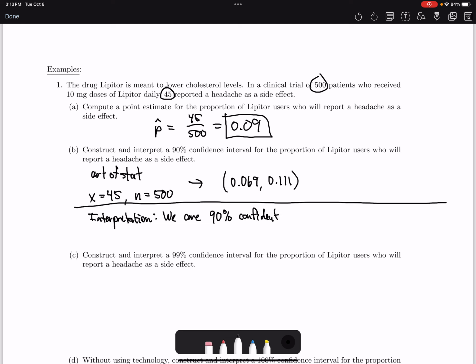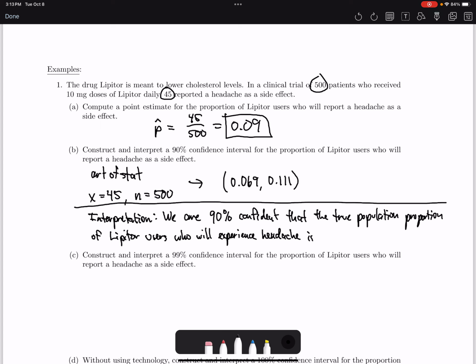We're 90% confident that the true population proportion of Lipitor users who will experience headache is somewhere between 0.069 and 0.111.